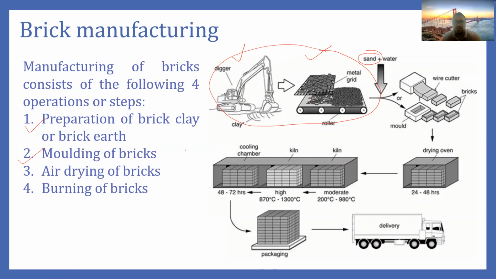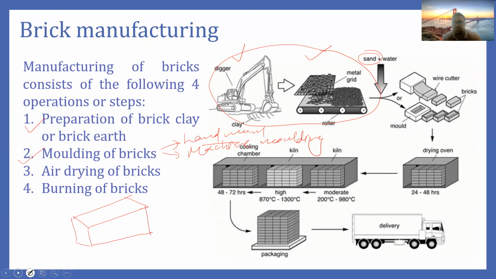The molding can be done in two ways. One is called hand molding, and the second is called machine molding. In hand molding, we have a mold, and generally the mold is of the size of a brick. The mold looks like this. Say, for example, this is the mold, and in this mold we force the needed soil.